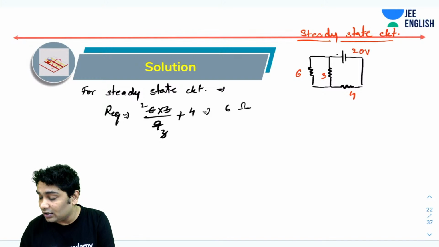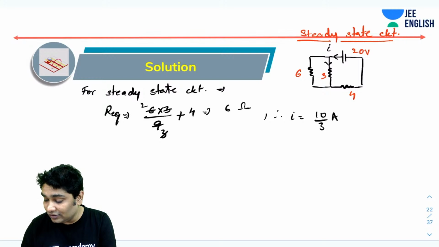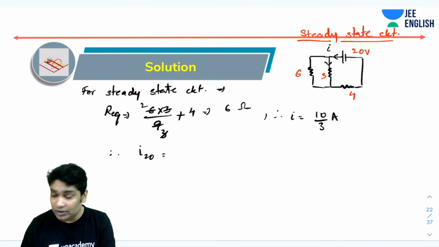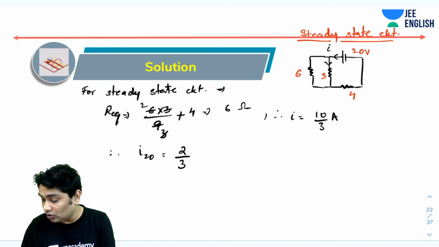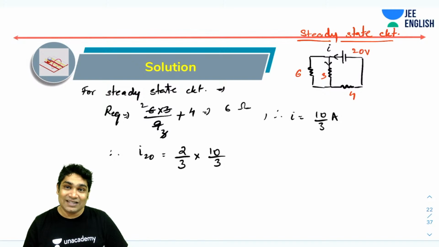So the current I would have been equal to 10 over 3 amperes, and I2 naught would have been, so the ratio is 2 is to 1. Okay, so in this you would have had 2 by 3. The lesser the resistance, the more would be the current flowing.